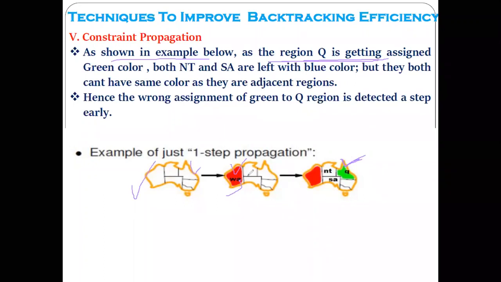You assign the red color here, then next we go forward, and if you think that we should assign the green color to this Q region, at that time you do the evaluation of the remaining regions. Now what are the neighbors of the Q here?